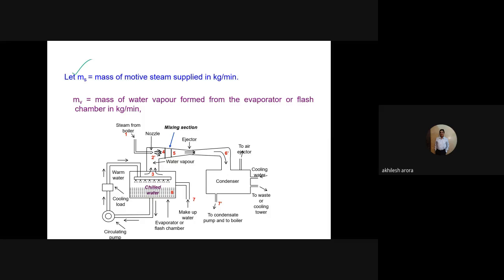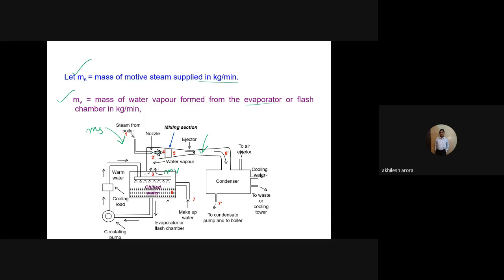ms is the mass of the motive steam supplied in kgs per minute. So we are supplying ms mass of the steam which is going from the boiler to the nozzle actually, and mv is the mass of the water vapor formed in the evaporator or the flash chamber. So the mass of the water vapor which is generated here due to the entrainment is mv. So what will be the total mass at that cross section?